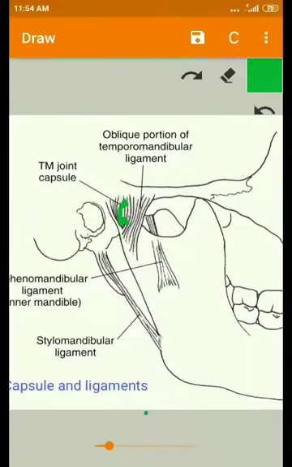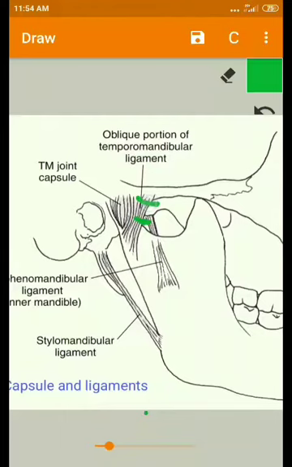Because of these attachments, the weakest part of the temporomandibular joint regarding the capsule is the anterior aspect. Along with the lack of strength of the capsule anteriorly, the anterior side has incongruency between the articular eminence and the anterior part of the mandibular condyle.